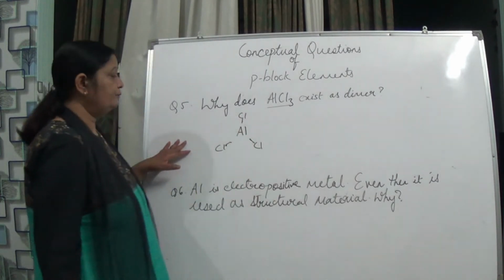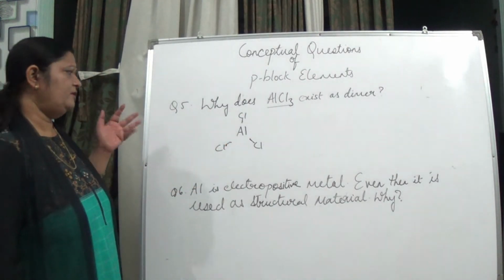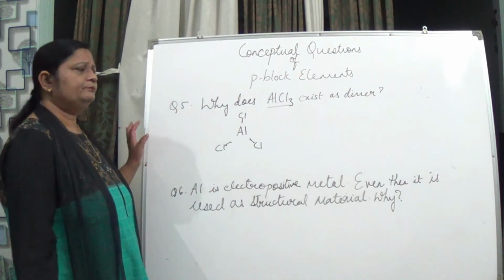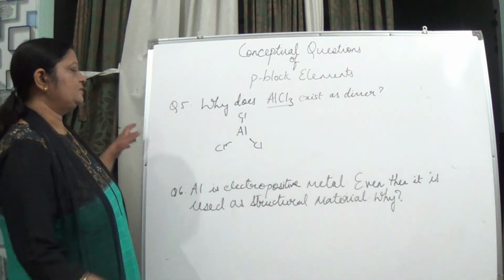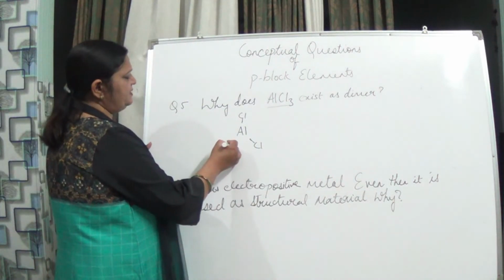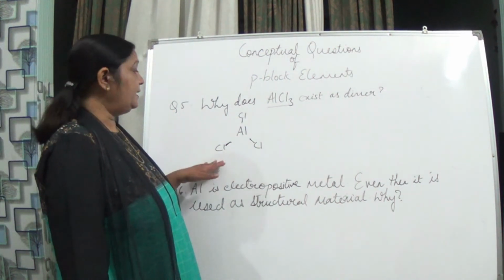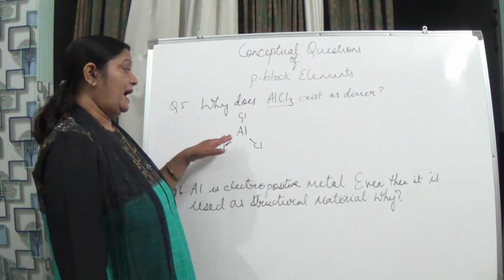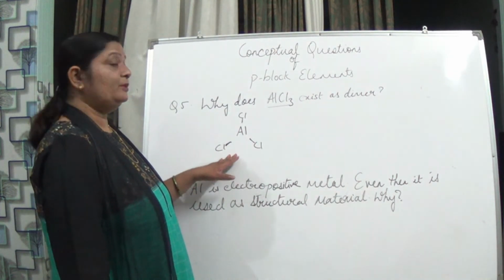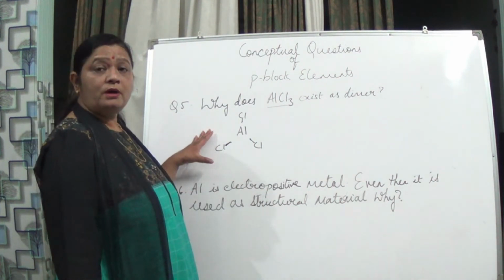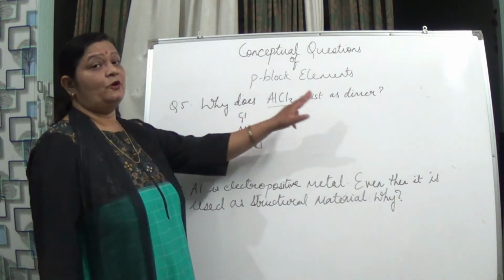No, it is not complete. Only 6 electrons are there, isn't it? So even after combining with chlorine, it doesn't complete its octet. And if it is not completing the octet, it means it is still unstable, isn't it? So what happens? Here, as this is an electron deficient compound, in order to fulfill the octet rule, it forms a dimer.